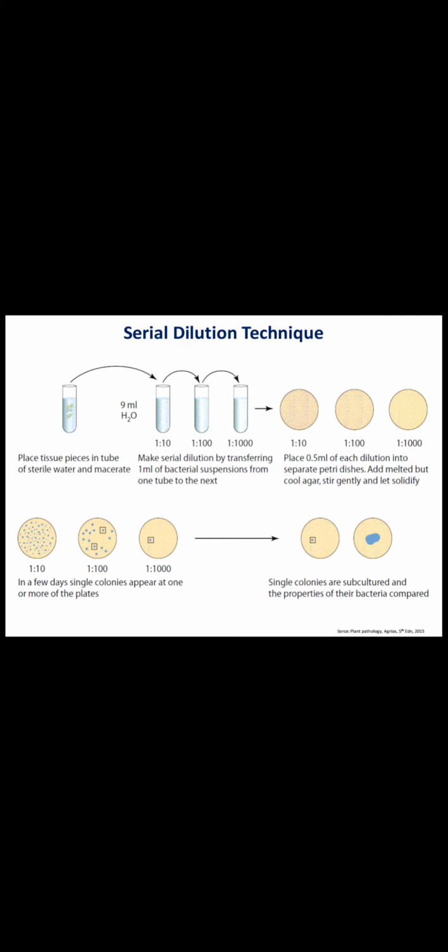Then we place 0.5 ml of each dilution into a separate petri dish, add melted but cooled agar, stir gently, and let it solidify. After a few days, single colonies appear on one or more of the petri plates, and single colonies are subcultured, and then the properties of the bacteria are compared. This is the method of serial dilution.